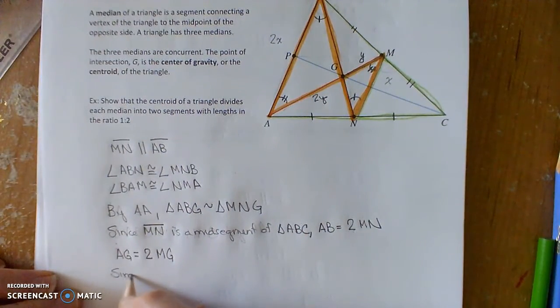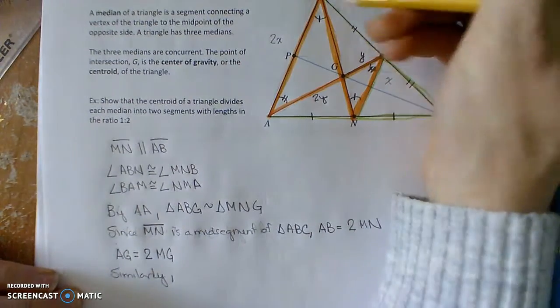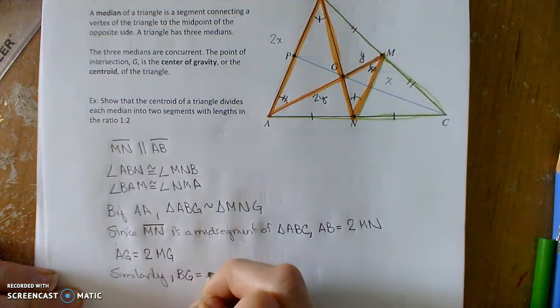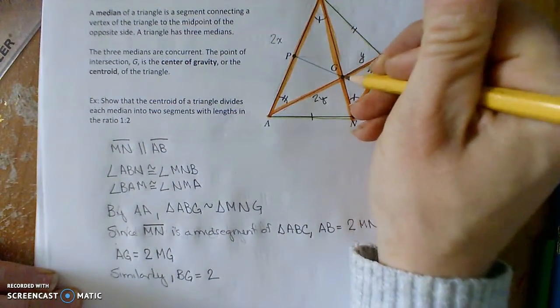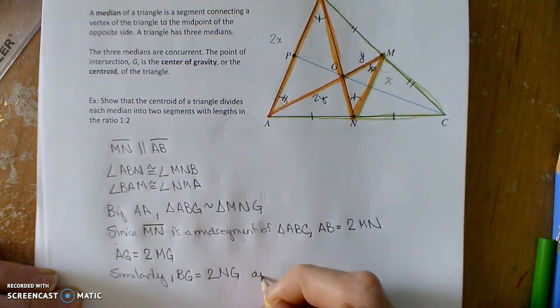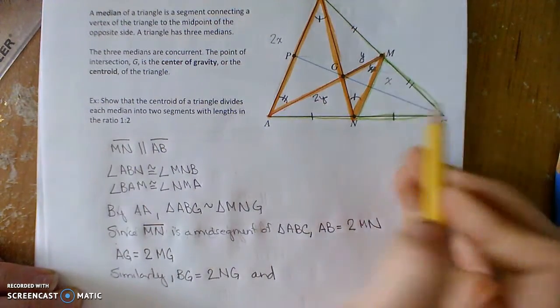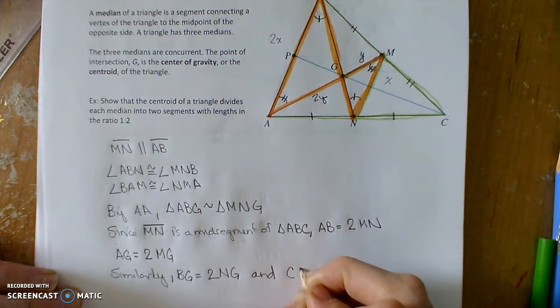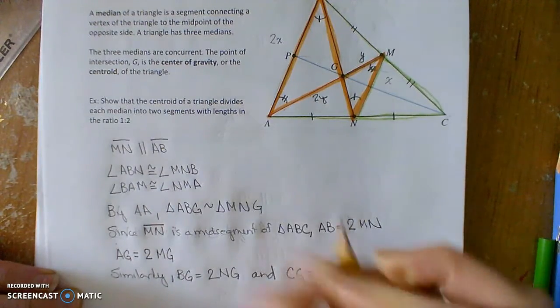We can say similarly that BG should be twice NG, and with all the same logic, here's the third median: CG should be twice PG.